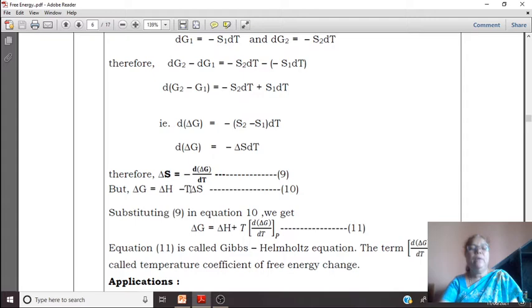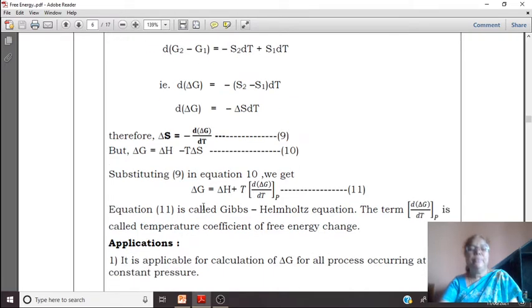But we have delta G equal to delta H minus T delta S, and substituting the value of delta S as minus d of delta G by dT, here substituting equation number 9 in equation number 10 we get delta G equal to delta H plus T in a bracket d of delta G by dT at constant P, and let it be our expression number 11.